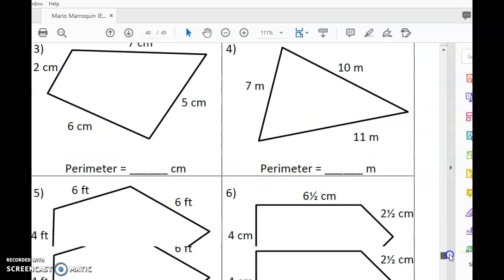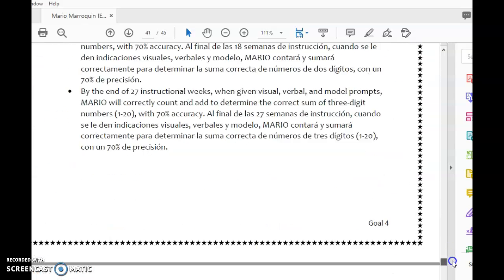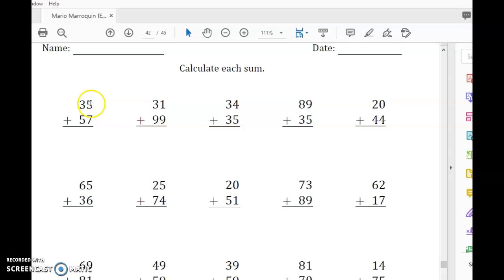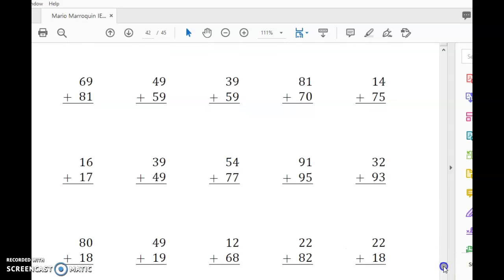And then for goal number 4, you're only going to work from here to here. Only the first 2 lines. No, actually, do all of them. Make sure you write it on a piece of paper, but I'm sure your mom picked up the packet. So no, do the whole worksheet. Okay, if you have any questions, just let me know.